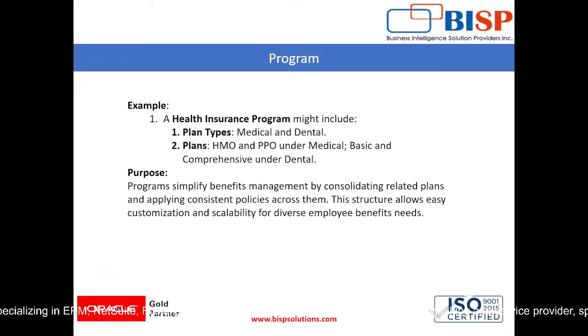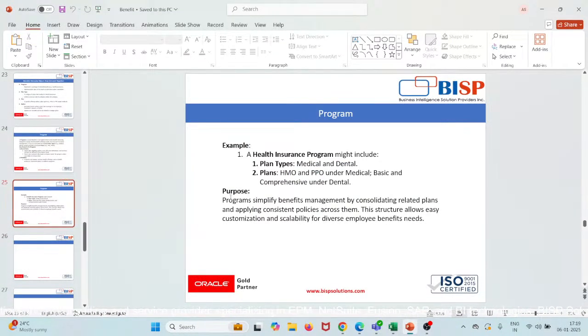The purpose of creating the program is to simplify benefit management by consolidating related plans and applying consistent policies across them. This structure allows customization and scalability for diverse employee benefit needs. Okay, so this is all about our program.